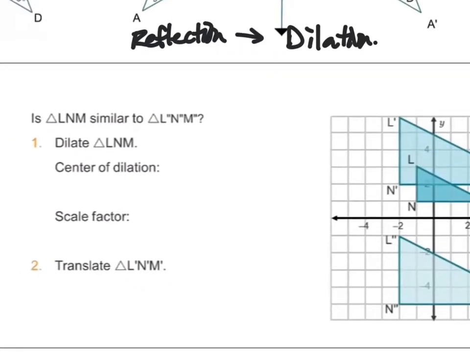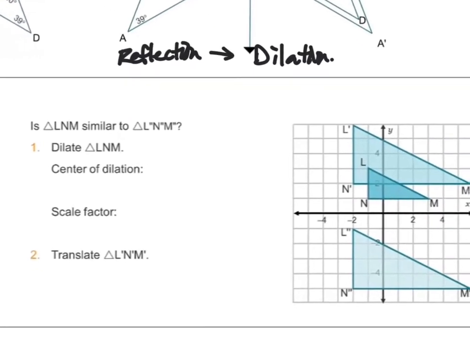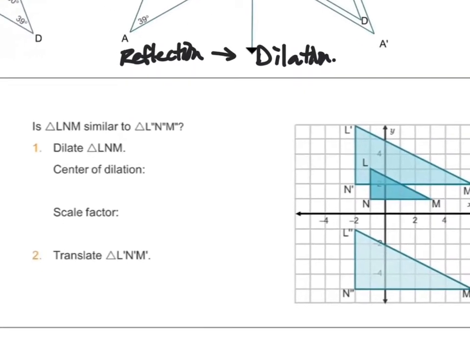And so, let's just take a look at this. And it says, is triangle LNM, so here's LNM, similar to L double prime, M double prime, N double prime, okay?